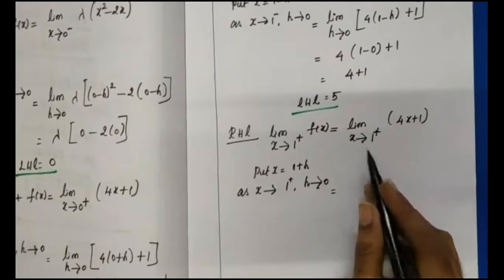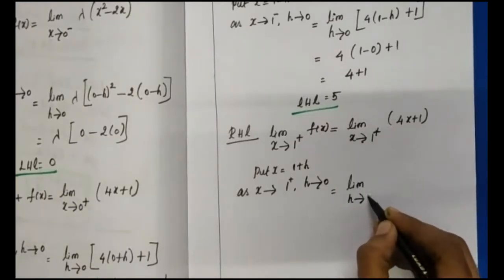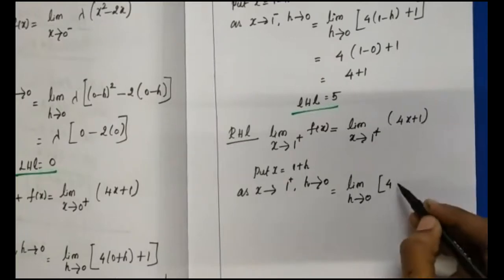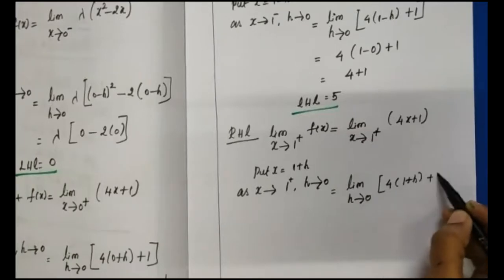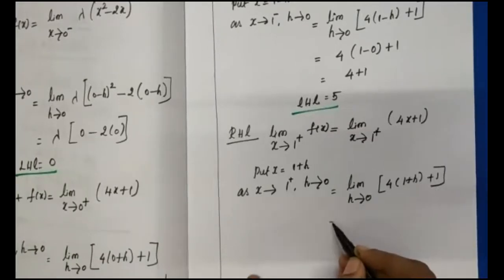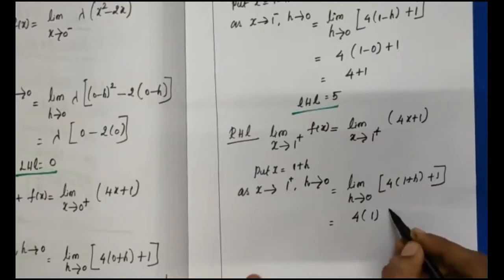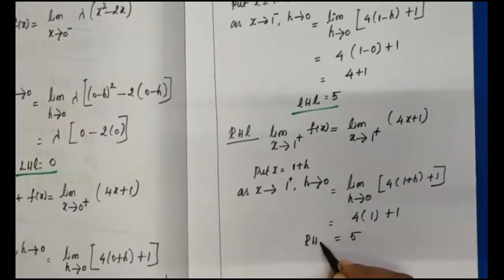Therefore this line can be written as limit h tends to 0 of 4 into (1 plus h) plus 1. Giving h as 0: 4 into 1 plus 1, 4 plus 1 is 5. So the right hand limit value is equal to 5.